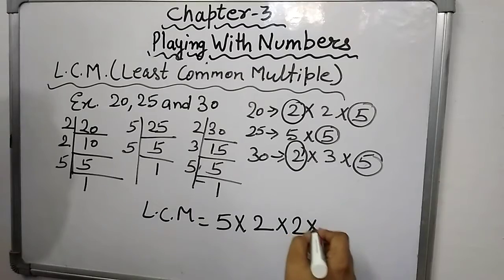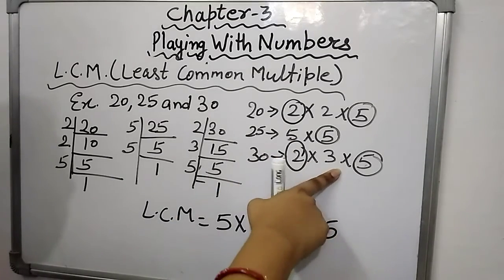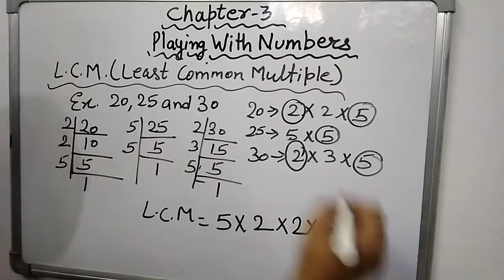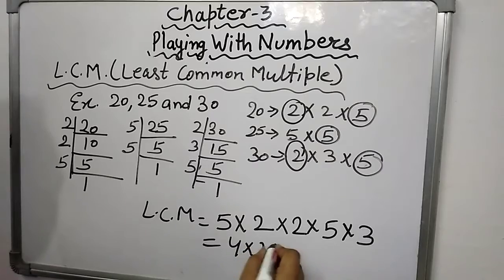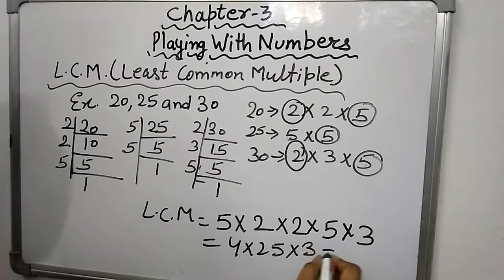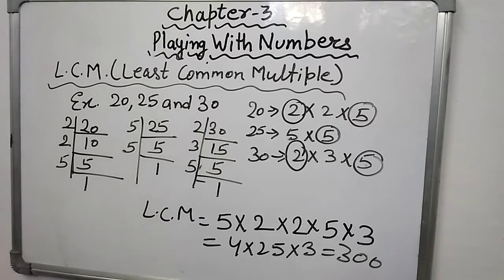In 25, we are left with 5, so we will write this 5 here. In 30, 3 is left, so we will write this 3. Now we multiply them and we get the same LCM, that is 300. So these are two methods of finding LCM.